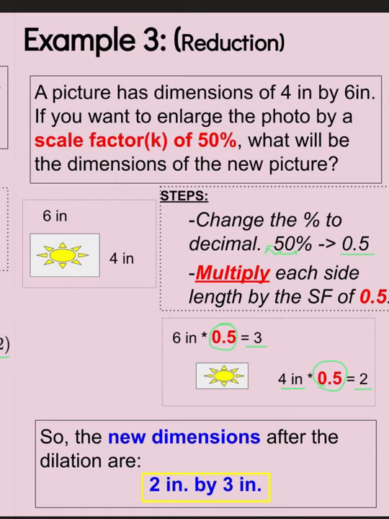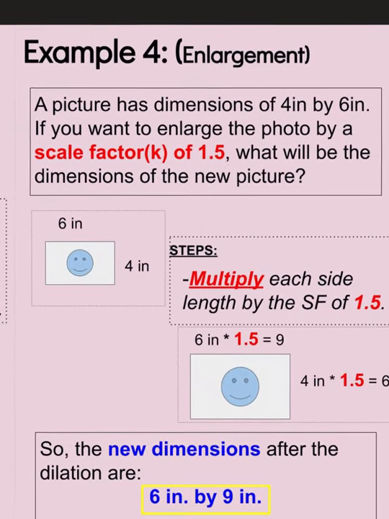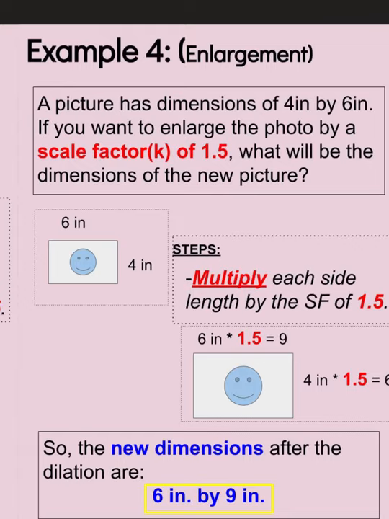Okay, next example. Similar to the last one that we just did, we have a picture again with the same dimensions, 4 inches by 6 inches, but this time we want to enlarge it. The scale factor K is going to be 1.5. The scale factor is greater than 1. Now here's my original picture. The steps say to multiply each side length by the scale factor of 1.5.